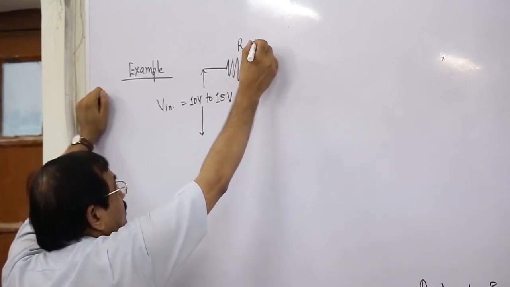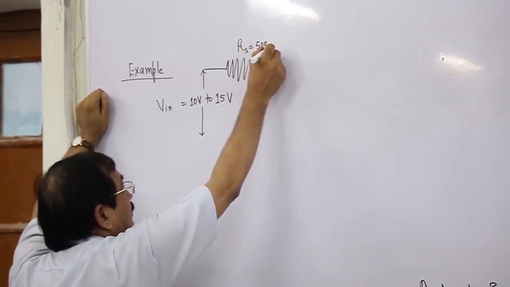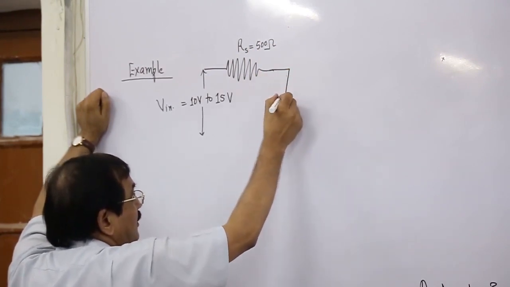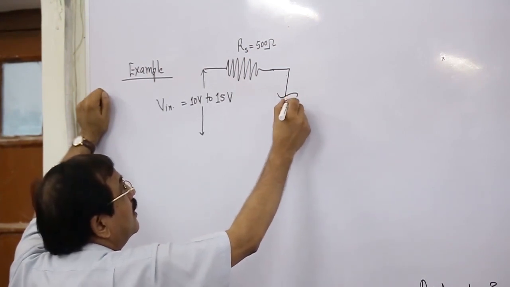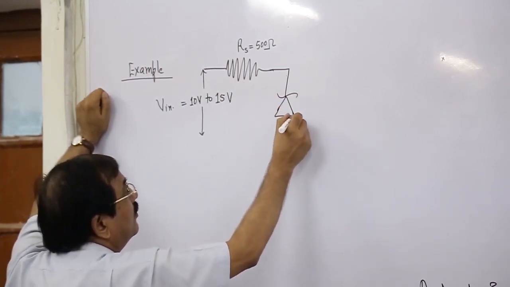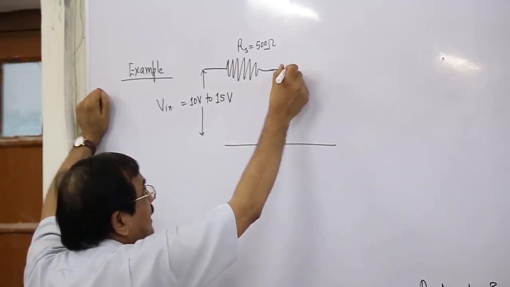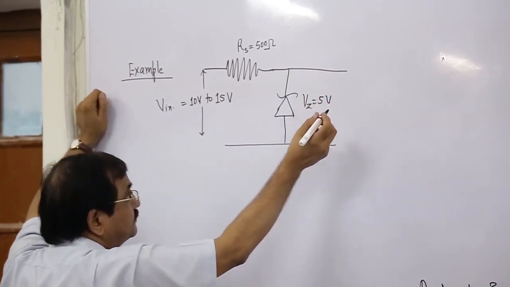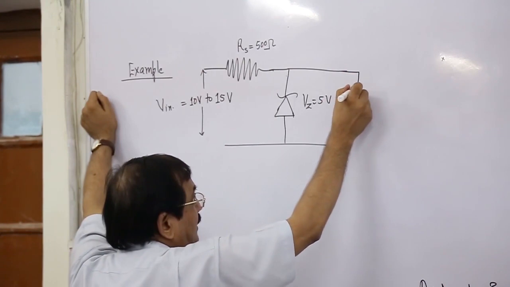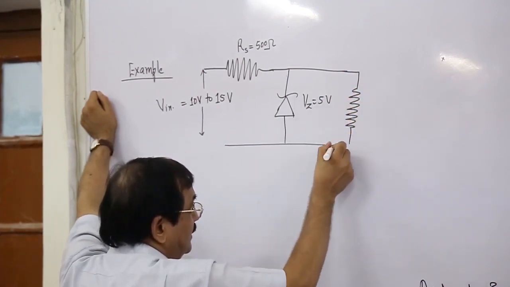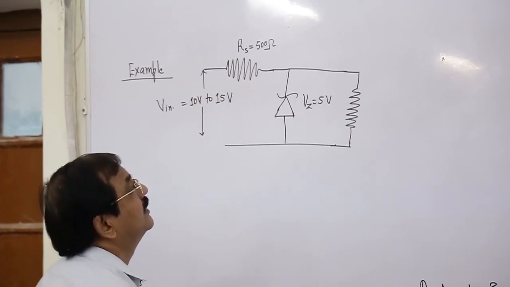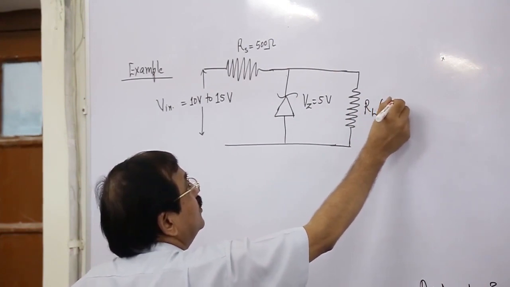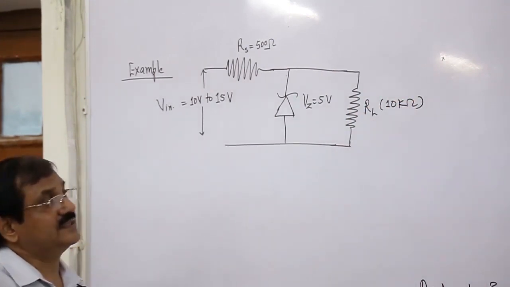Rs is equal to 500 ohm, and we apply a Zener diode of Vz 5 volt, and here is a load resistance RL of 10 kilo ohm.